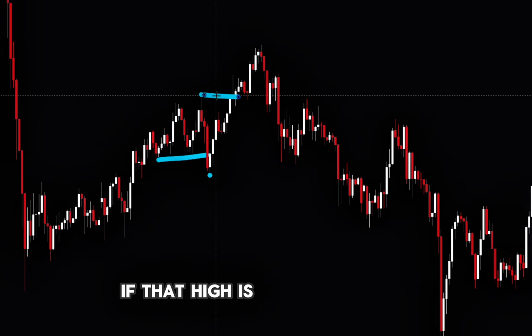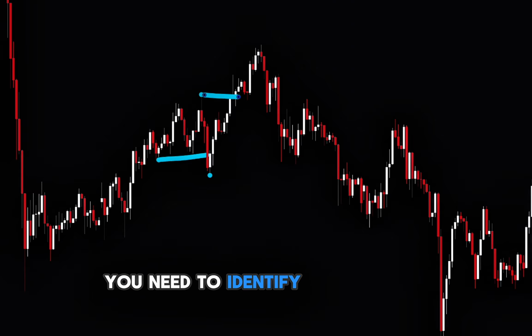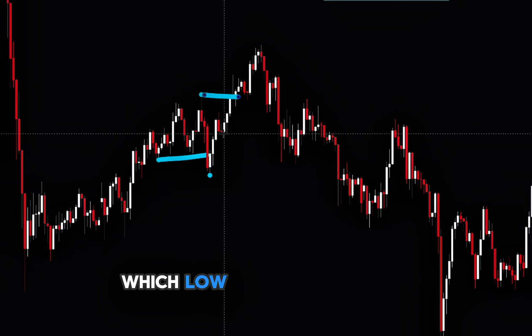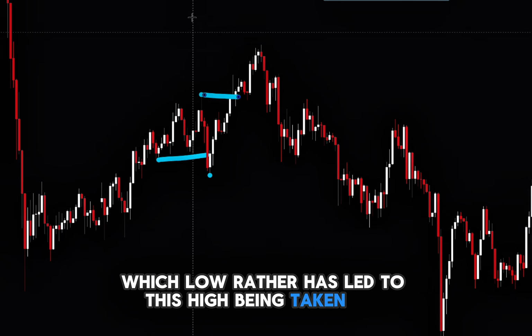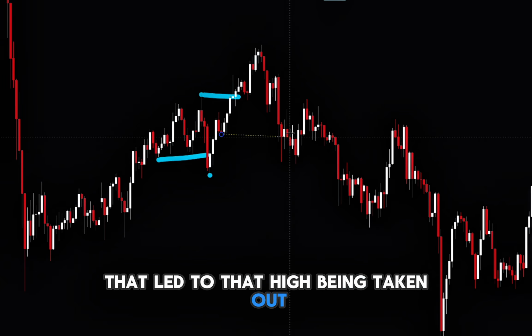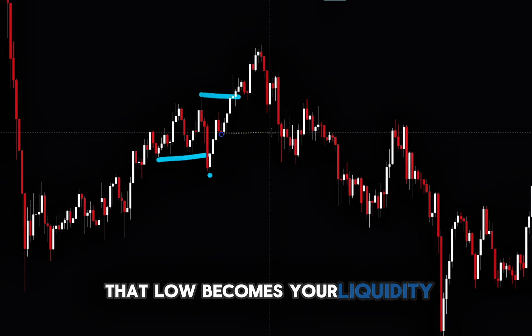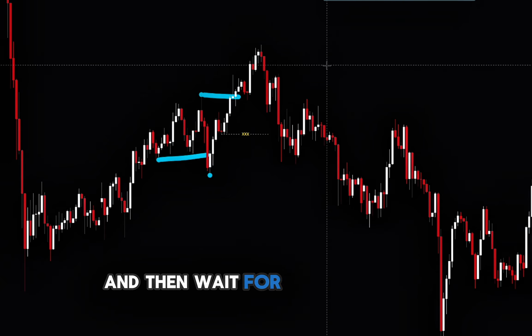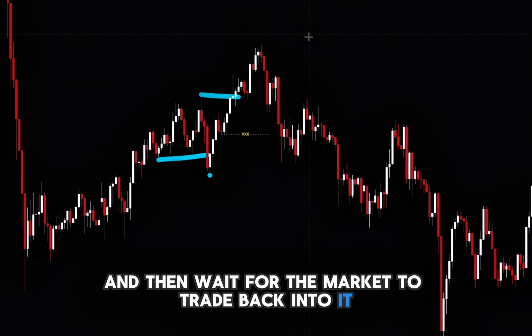If that high is being taken out, you need to identify where your liquidity is. You ask yourself which low has led to this high being taken out. And this is the low that led to that high being taken out. That low becomes your liquidity. So you want to mark that as your liquidity and then wait for the market to trade back into it.